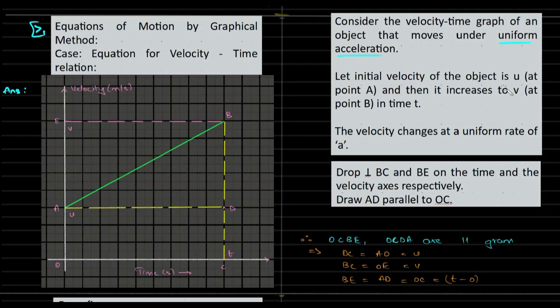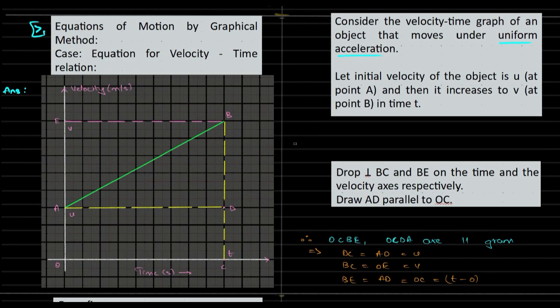Let the initial velocity of the object be u and the final velocity be v in the time interval t. And let the uniform acceleration be a. Right? You need not write this statement, rewrite this actually. I want to reduce as much as possible so that you guys write less.